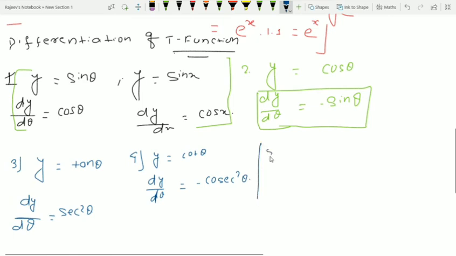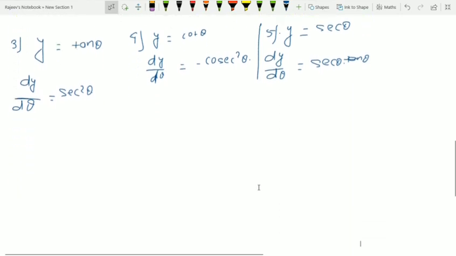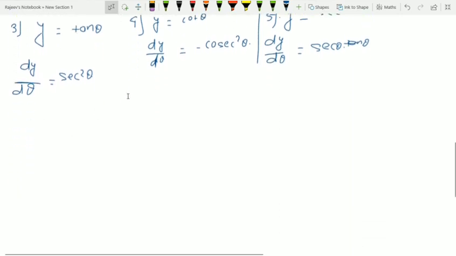Same, formula number 5: if y is equal to sec theta, so dy by d theta will be sec theta into tan theta. That is formula number 5.